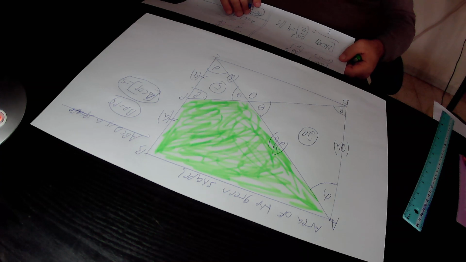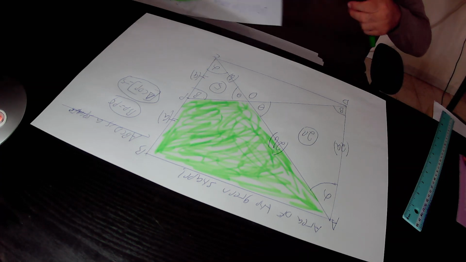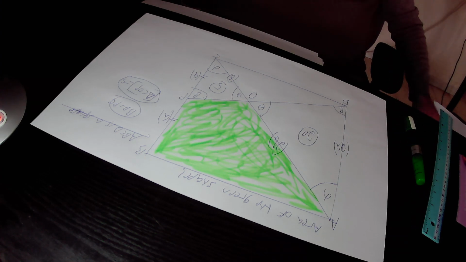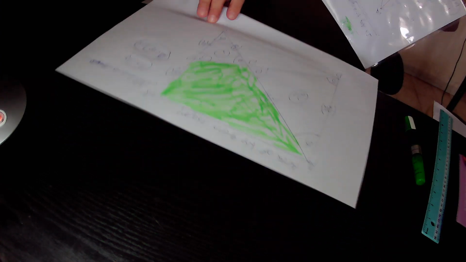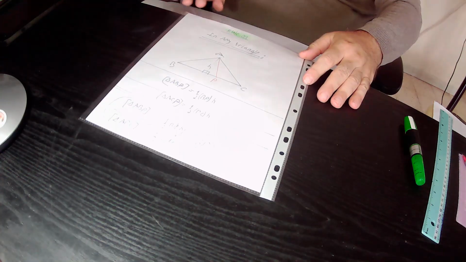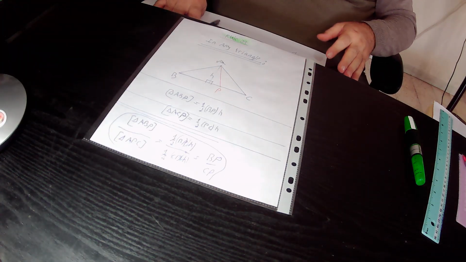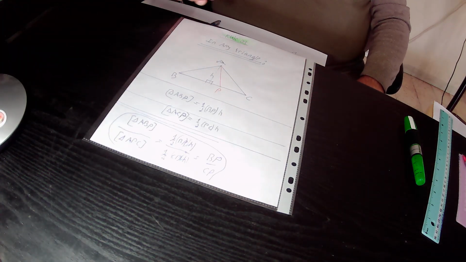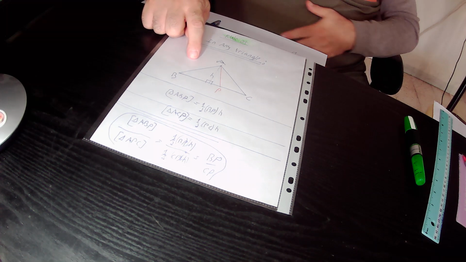In the next step, I present to you a new rule, and we will implement the new rule in our drawing. The new rule is rule 23. Rule 23 is true in any triangle, so this is triangle ABC that could be any triangle.